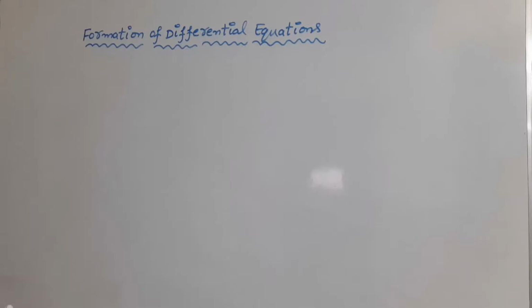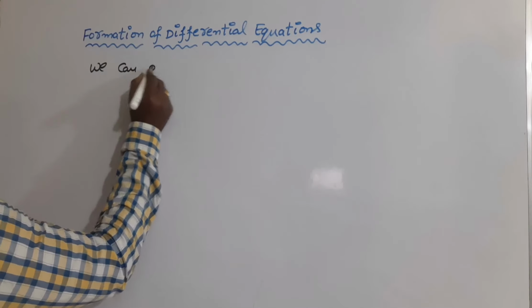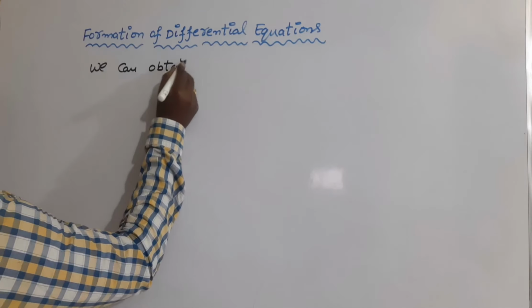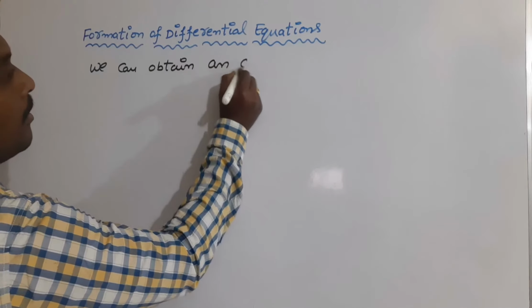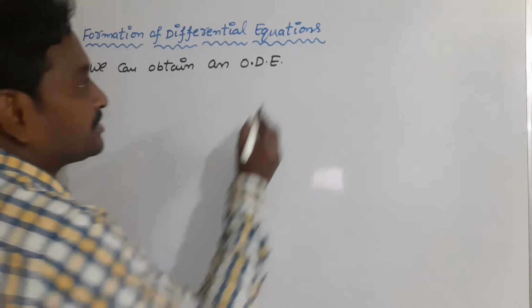Hi everyone, in this video I would like to explain how to generate an ordinary differential equation from the given equation. We can obtain an ordinary differential equation. What do you mean by ordinary differential equation?